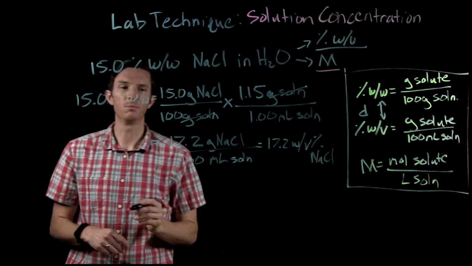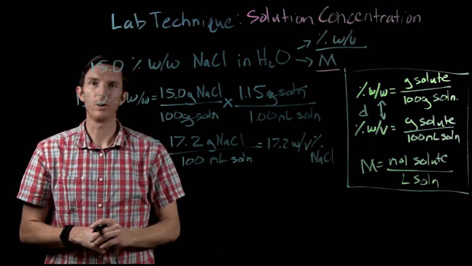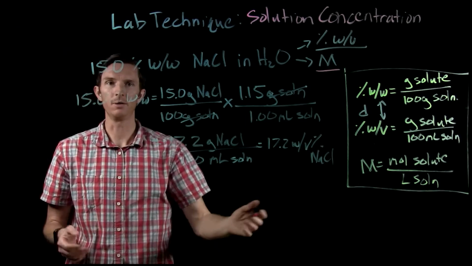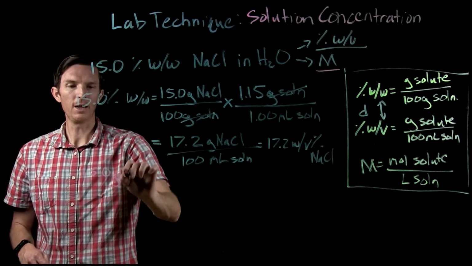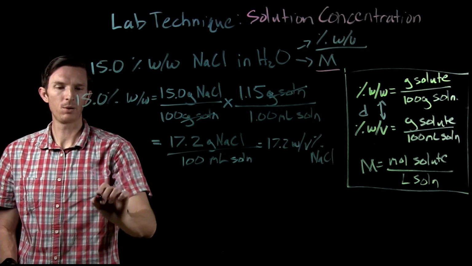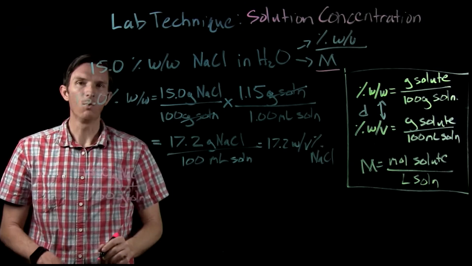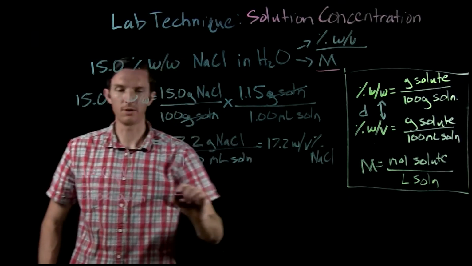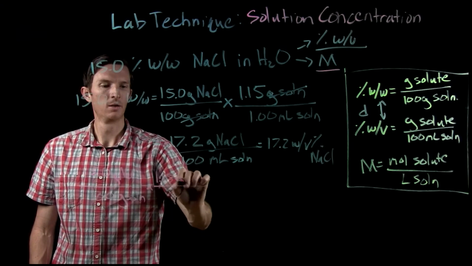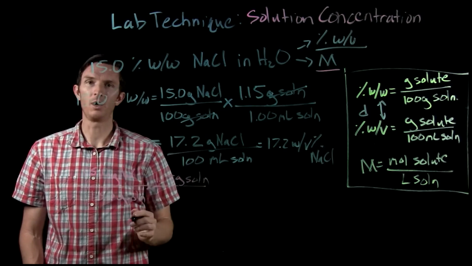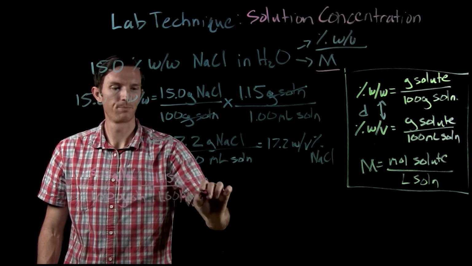Now let's go ahead and convert to molarity. So we want to convert from our weight to weight. Let's start with what we know: our 15 grams of sodium chloride per 100 grams of solution. Again, we need to get to a volume unit of our solution. So we would first want to convert, just like we did here, from our mass to volume.